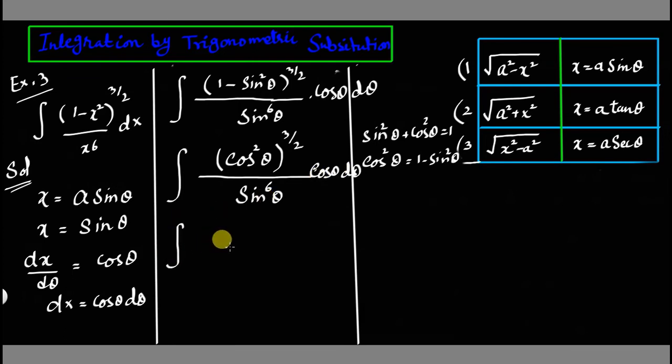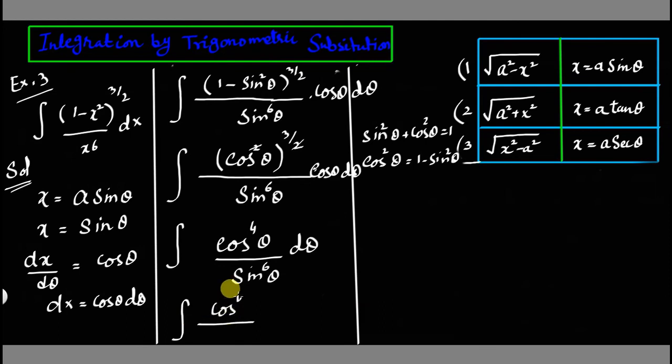So after simplification this square will be cancelled out, and cos cube theta, this is the power 3 and this is power 1, so it will become cos 4 theta by sine 6 theta. Now we can produce cos 4 theta over sine 4 theta, and the other factor is 1 over sine square theta d theta.